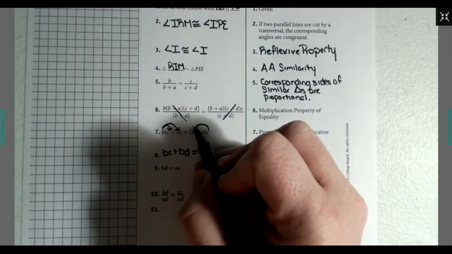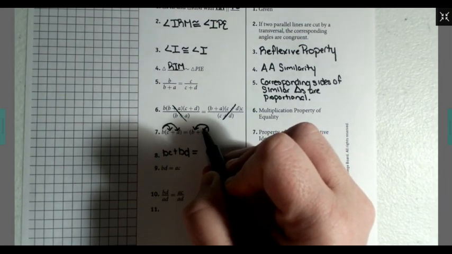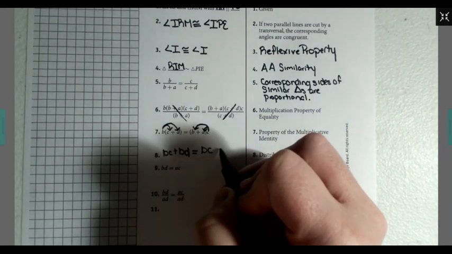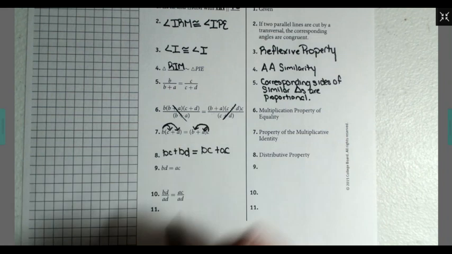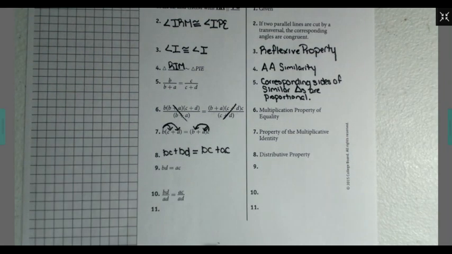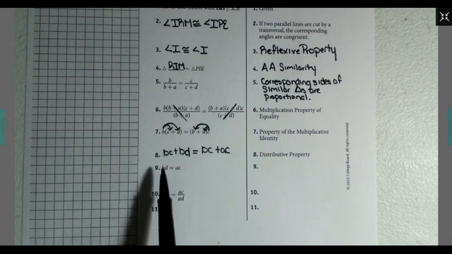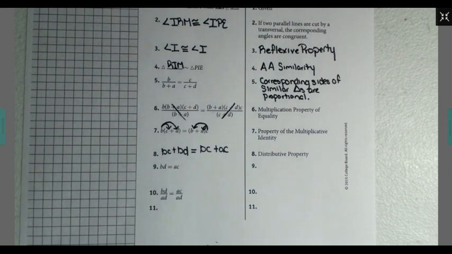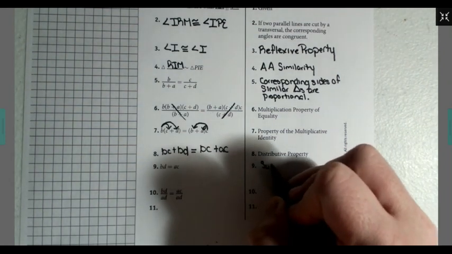This time we're multiplying in our C. We have BC plus AC. What happened from line 8 to line 9? I no longer have the BC on both sides. So what property was used? Subtraction property.